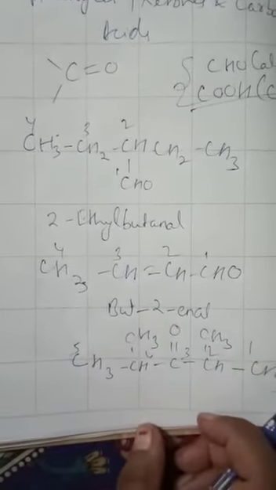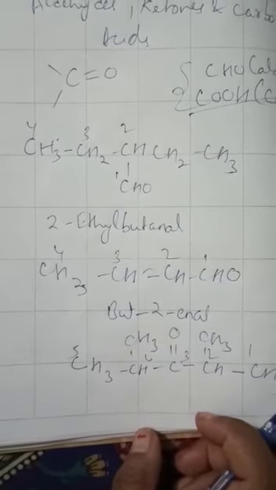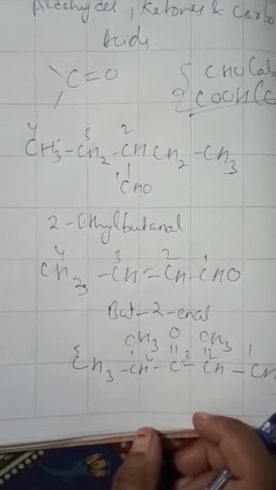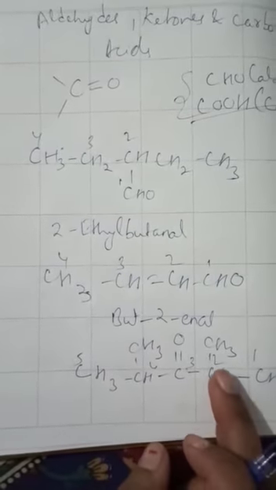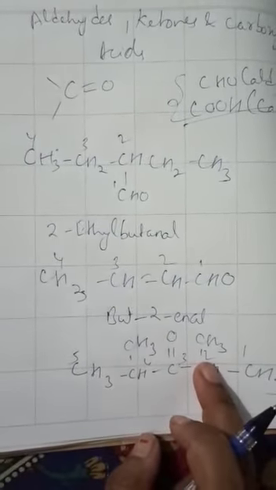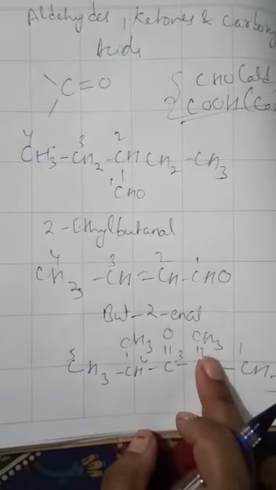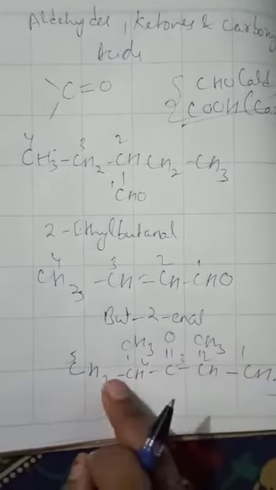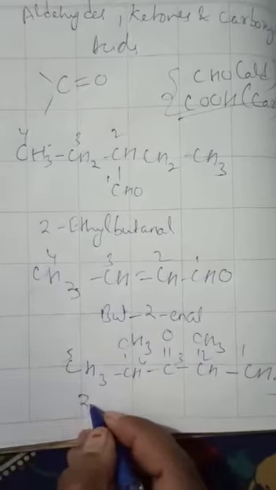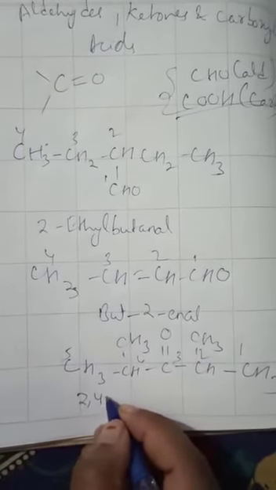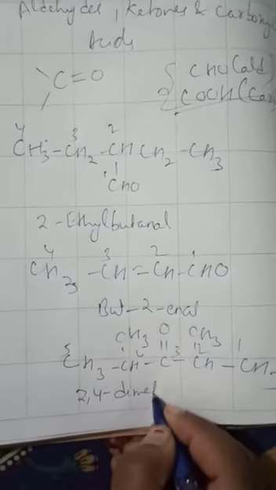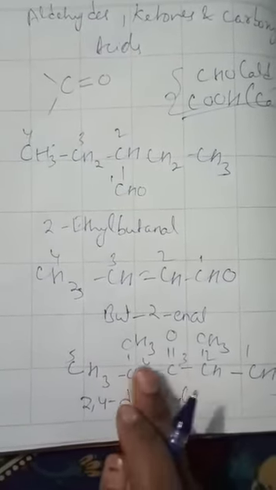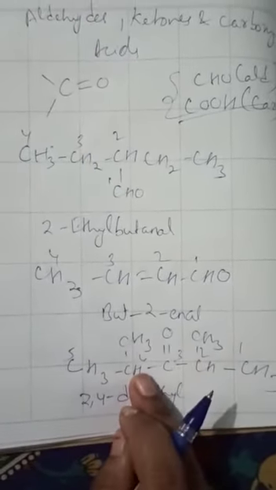So it is a 5-carbon chain. On positions 2 and 4 we have methyl groups, and there are two of them, so we write 2,4-dimethyl.